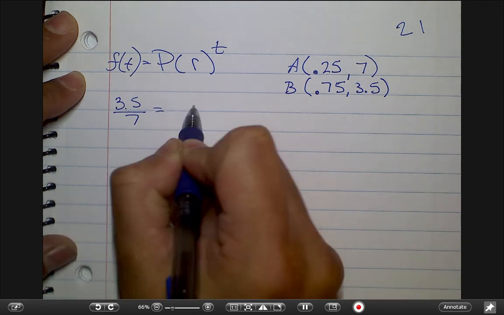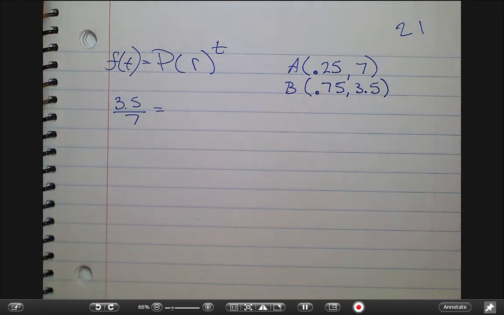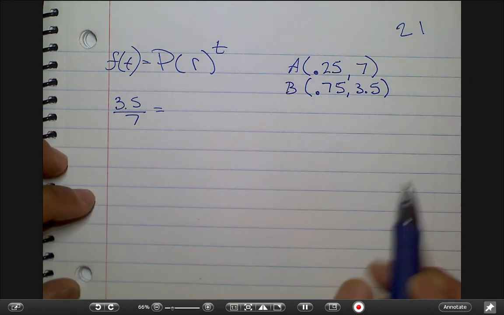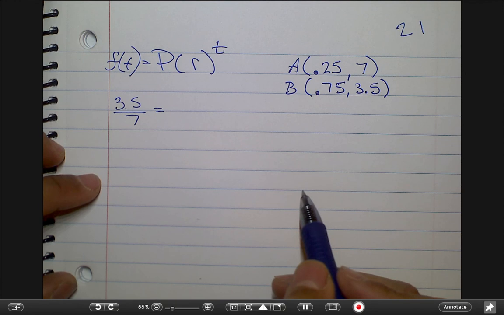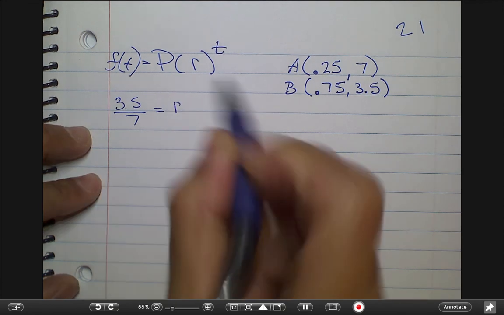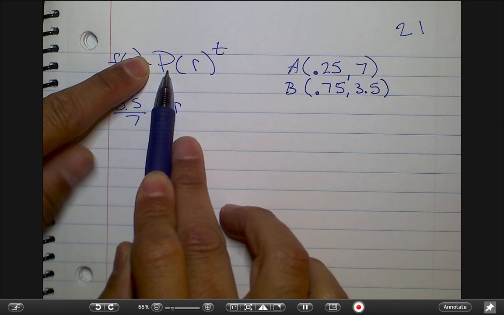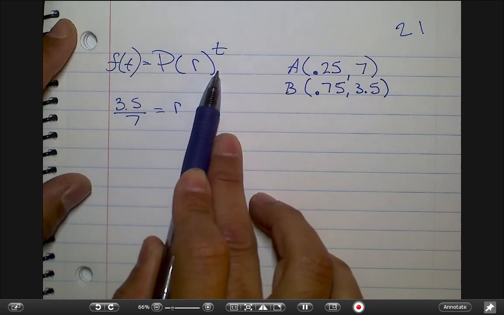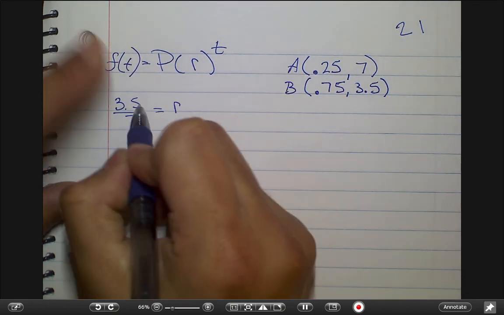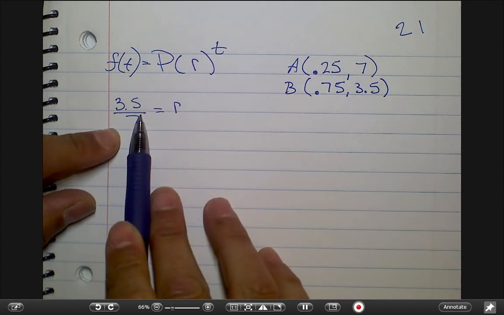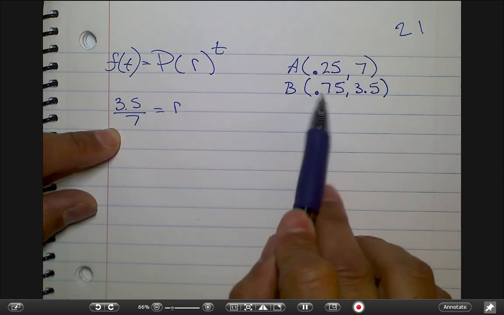is equal to, that one's going to be my, where'd it go? I want to make sure I don't mess this one up for my algebra right here. So I get 3.5 over 7 is equal to my R value, because we're isolating this piece right here to eventually get to the point for my P. And that's to my two values, which is going to end up becoming this one minus this one.